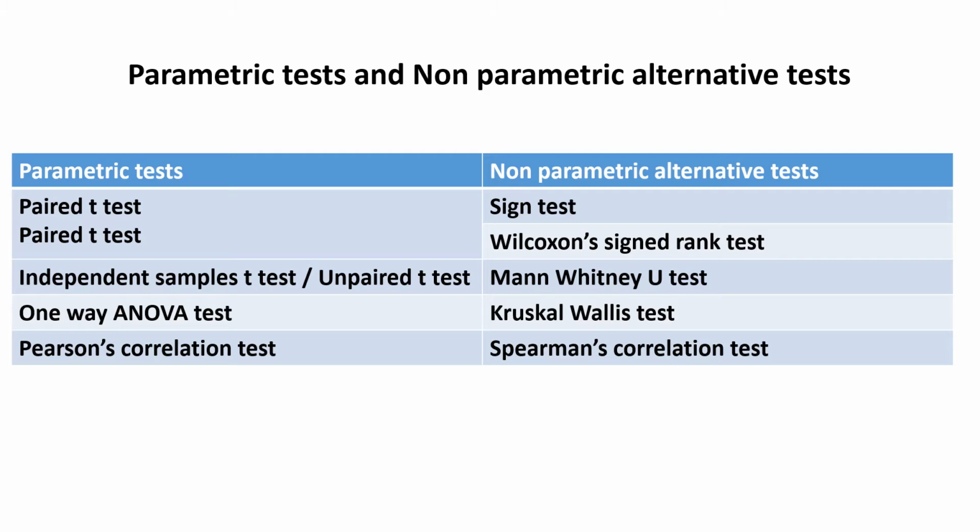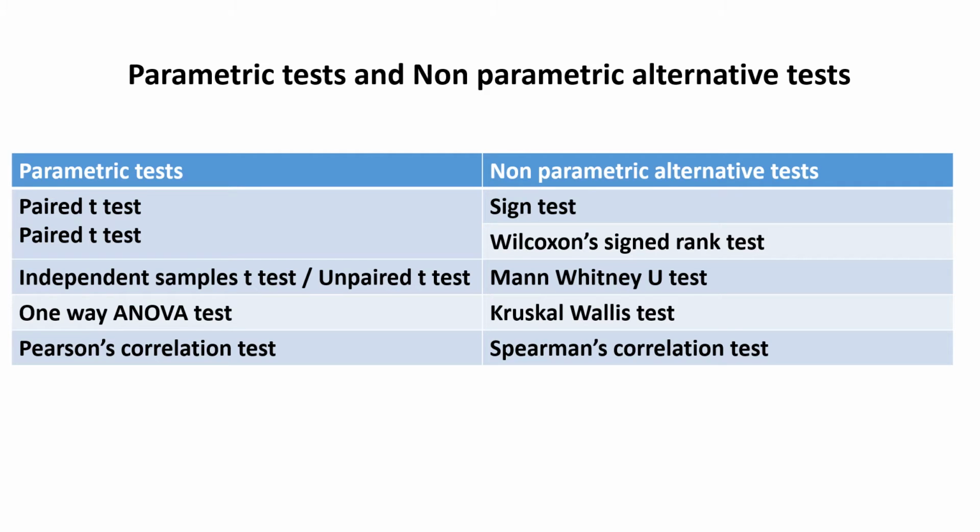What is the alternative for the independent sample t-test? Independent sample t-test is otherwise known as the unpaired t-test. Independent sample t-test is a parametric test. When data is normally distributed, we can apply the independent sample t-test. But when data is not normally distributed, we can apply the Mann Whitney U test.